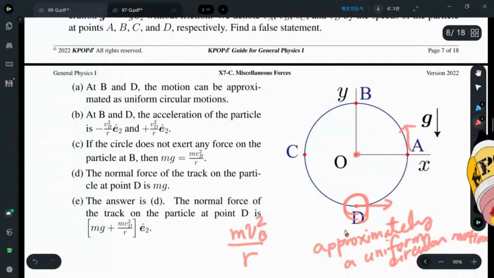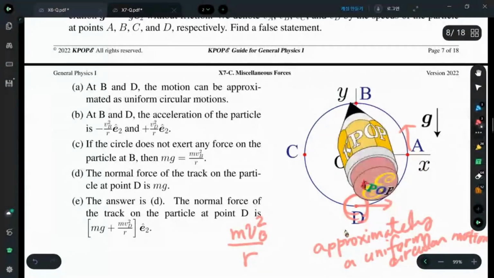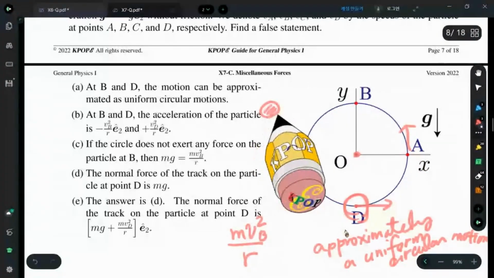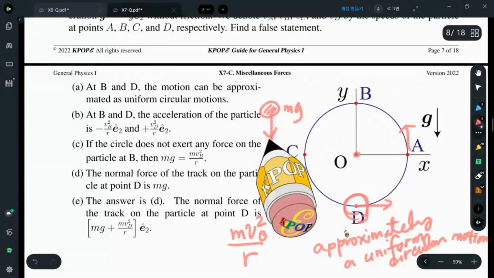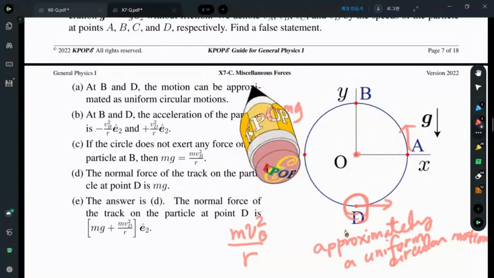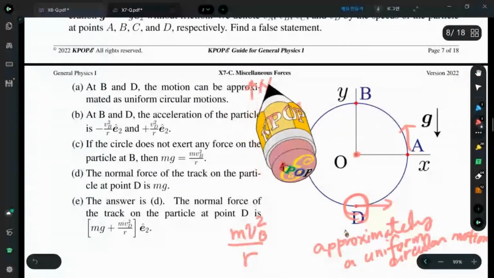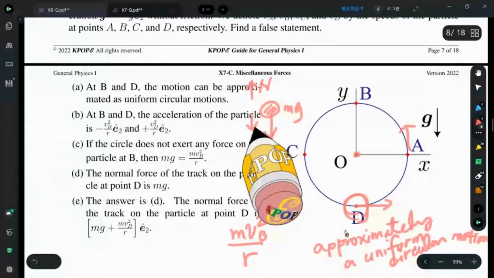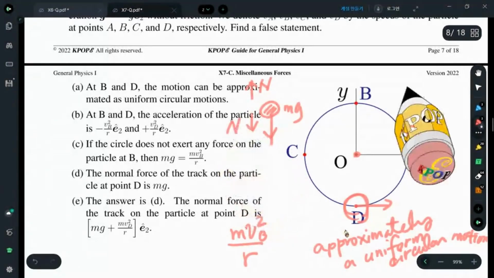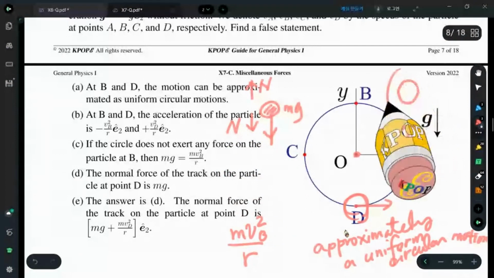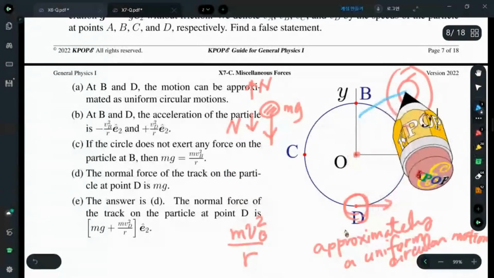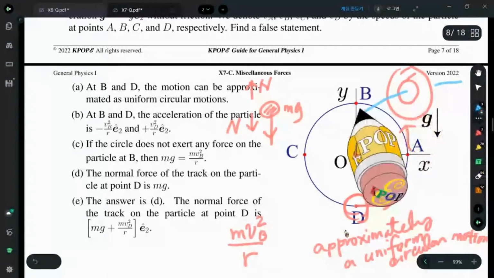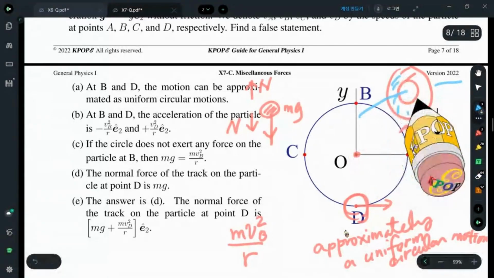I mean, there is at least mg applied downward. And it is possible to have a normal force in either this direction or that direction, because there is a hole in it and a rod is passing through this particle.